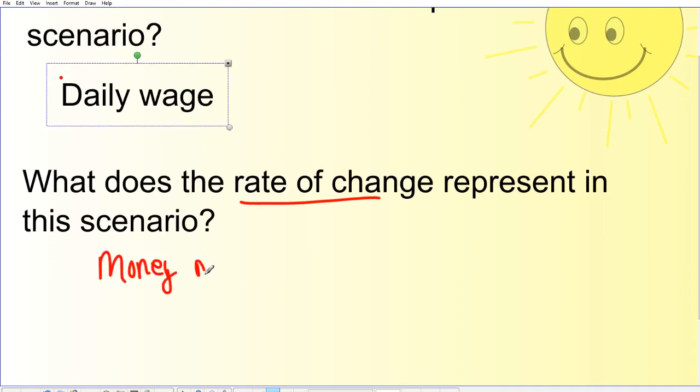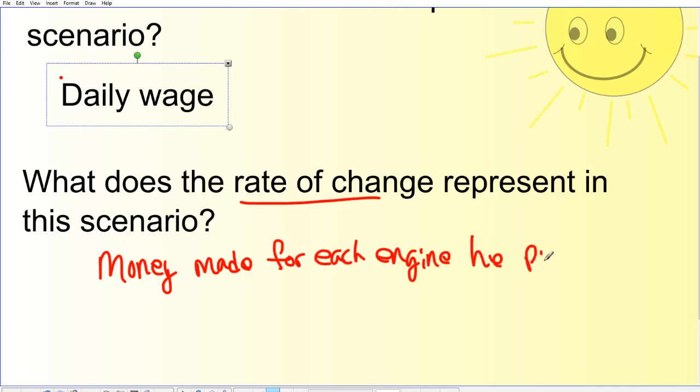Money made for each engine he puts together. Okay, so that's what our rate of change is. It's the amount of how fast his money changes for each engine he puts together.